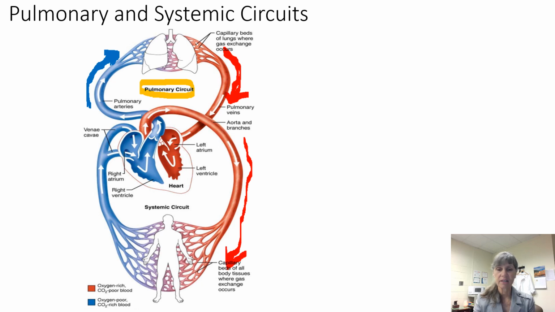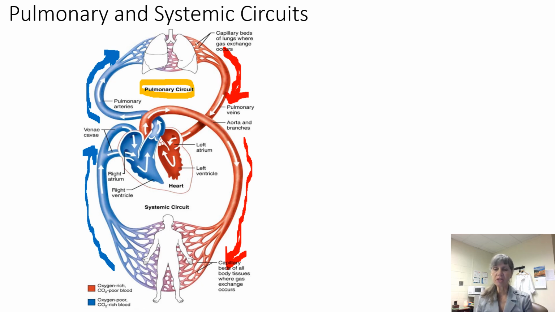And then as it goes through, again, the body's going to use up that oxygen, and so we have oxygen-poor blood that goes back to the heart. It's going to go through the superior and inferior vena cava, as well as through the coronary sinus into the right atrium, and then to the right ventricle, where it again will be sent next through the pulmonary circuit.